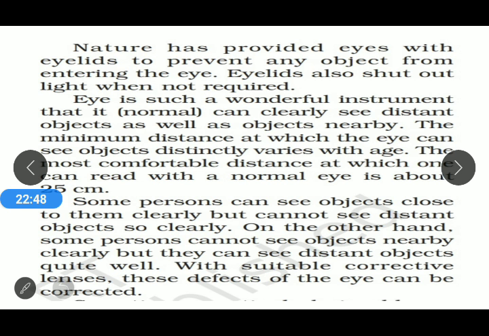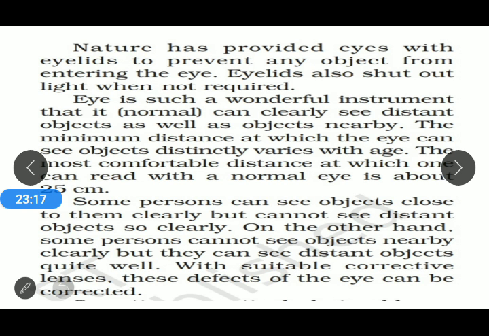The most comfortable distance at which one can read with a normal eye is 25 centimeters. That distinct vision is called near eye vision. Some persons can see objects close to them clearly but cannot see distant objects clearly. On the other hand, some persons cannot see nearby objects clearly but can see distant objects clearly. With suitable corrective lenses, they can easily rectify this problem.